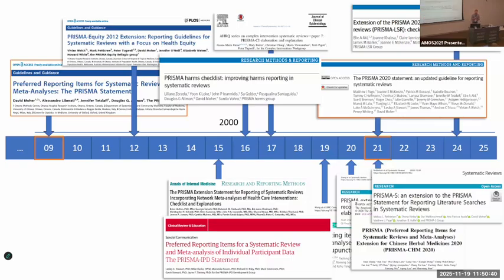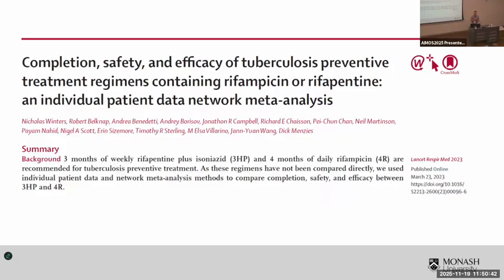So what is the review author to do with all this guidance? Looking at this particular review on the effects of tuberculosis preventive treatments, we can see in the title alone that it's focusing on both efficacy of the interventions as well as the harms or safety. It includes individual patient data, and the authors have done a network meta-analysis.